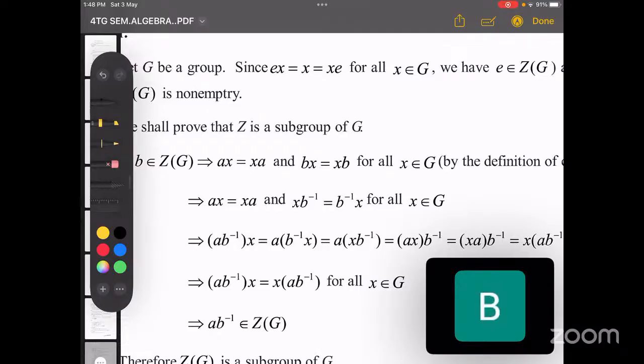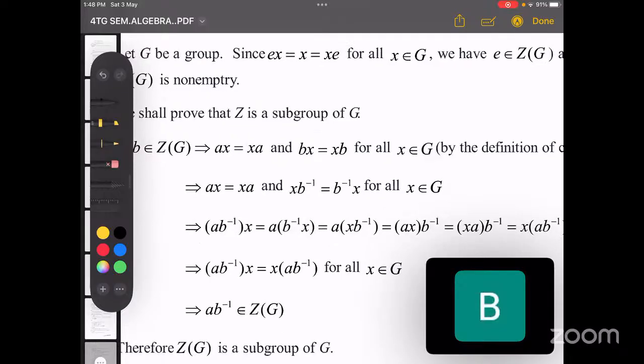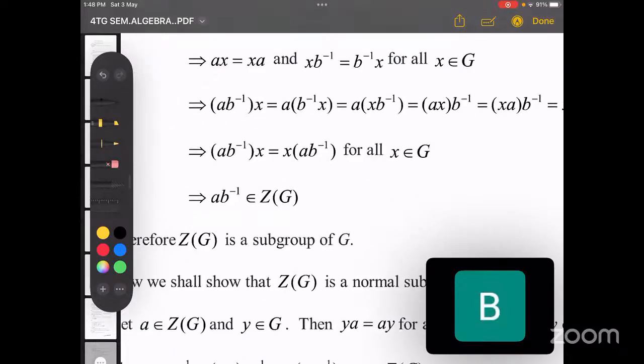So AB inverse X equals X into AB inverse for all X belongs to G. Here we got AB inverse, and here also AB inverse. By this we can say that AB inverse belongs to Z of G. So that means Z of G is a subgroup of G.